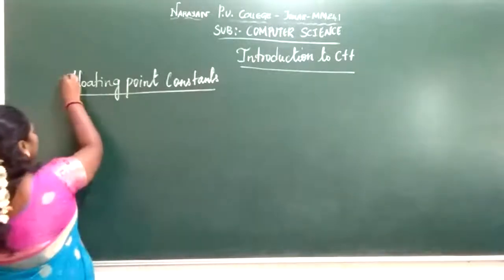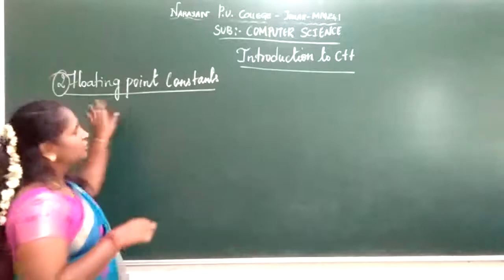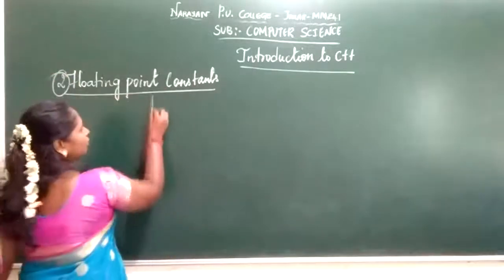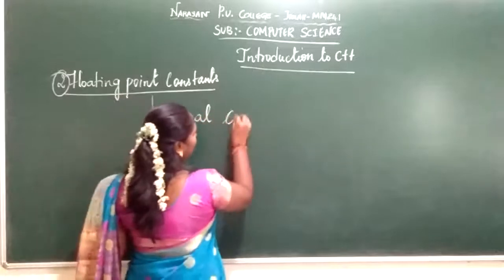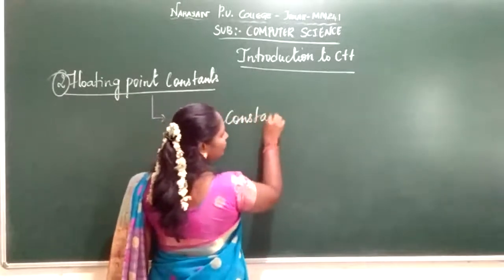The next type of constant, the second one, is your floating point constant. This floating point constant is also called the real constant.